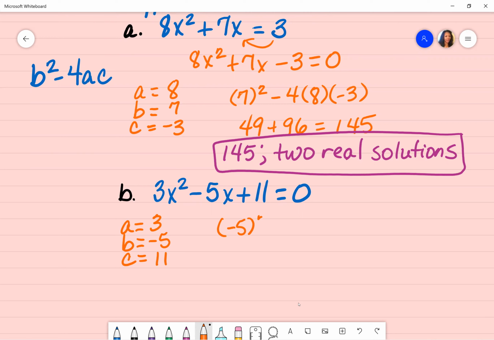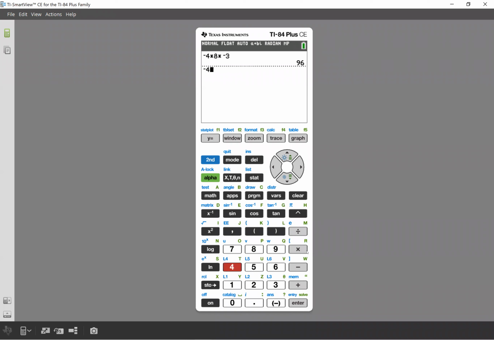negative 5 squared minus 4 times 3 times 11. Putting it in the calculator, that's 25 minus 12 times 11. Was that 132, I want to say? Let me just double check. My brain is not what it used to be. Negative 4 times 3 times 11, negative 132.